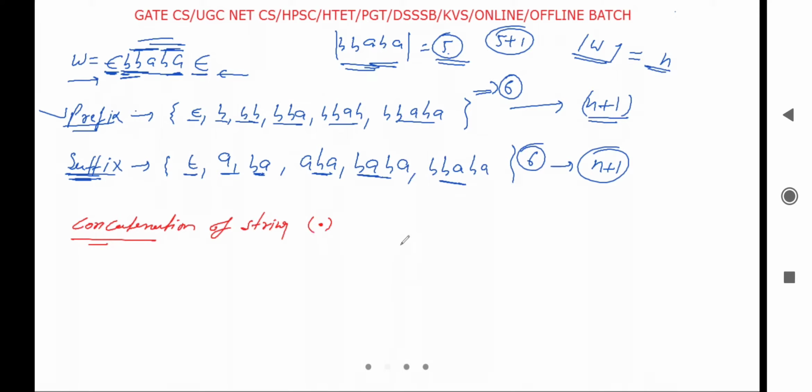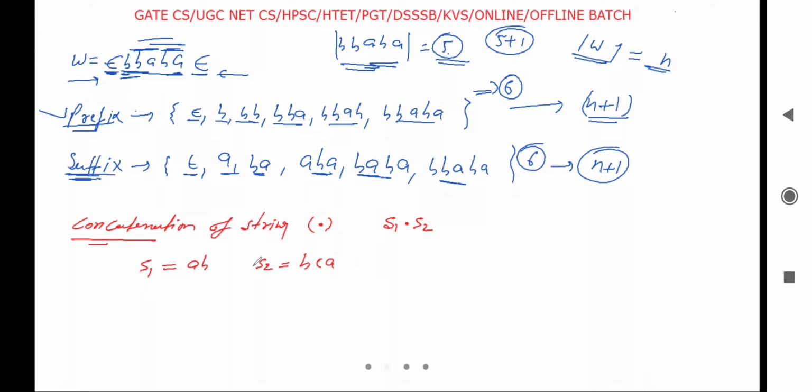And what is the concatenation of two strings? Let me say there is a string s1 and a string s2, then we put a dot in between these two, and that is the concatenation of two strings. Let me take string s1 as ab, and string s2 as bca, assume.